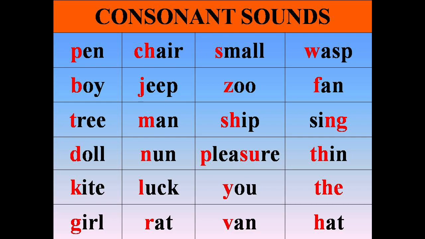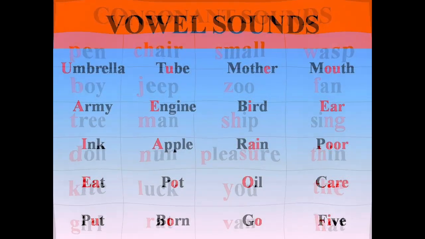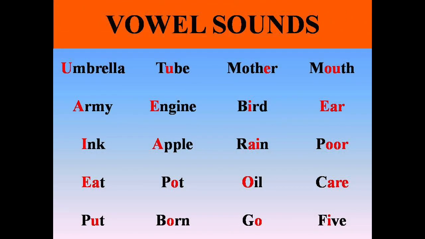Here you have words with consonant sounds, so you can easily understand what consonant sounds are. And you have examples for vowel sounds. They are a, e, u, o, i, oi, au, ie, e.